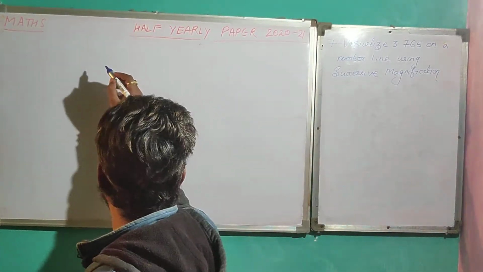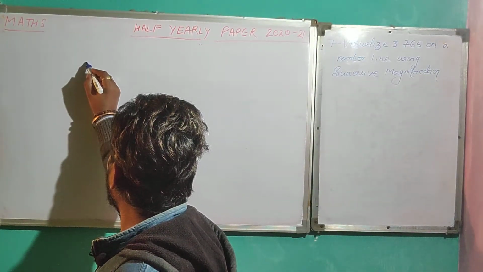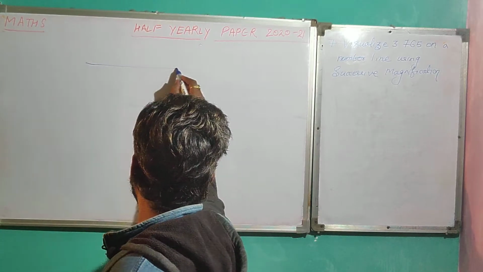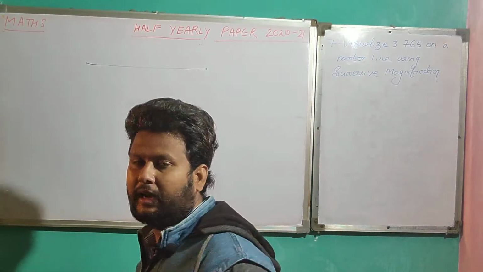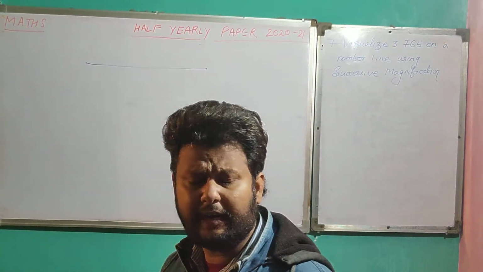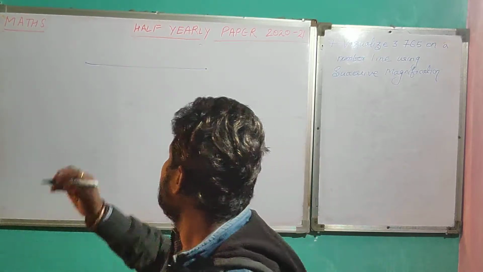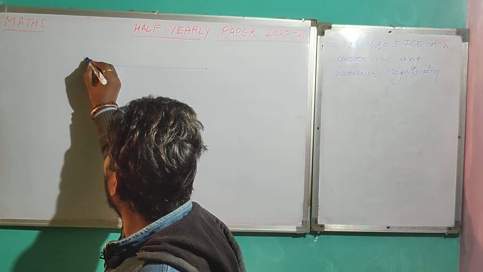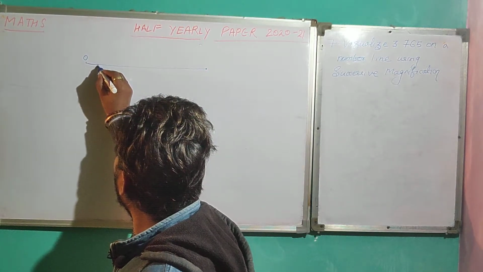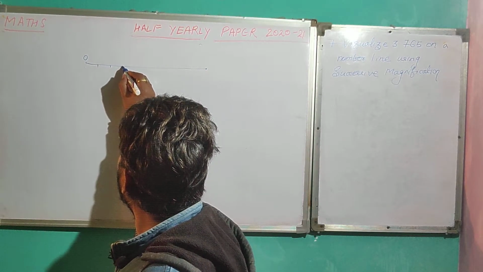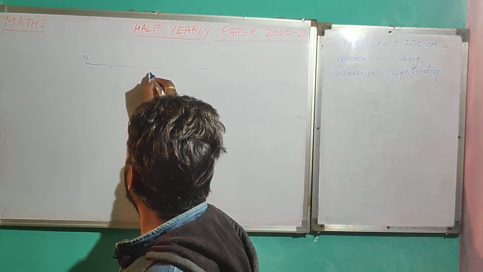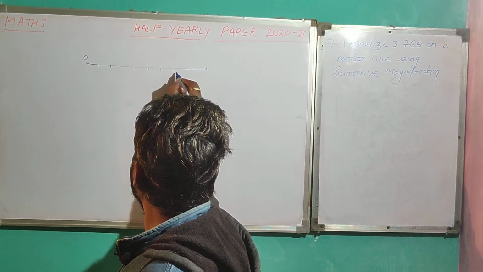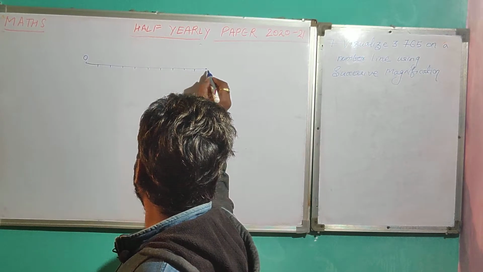So first, draw a line and divide it into 10 equal parts. This is O, 1, 2, 3, 4, 5, 6, 7, 8, 9, 10.